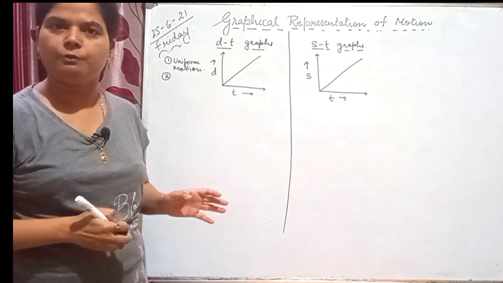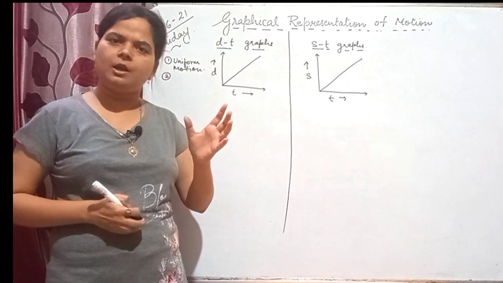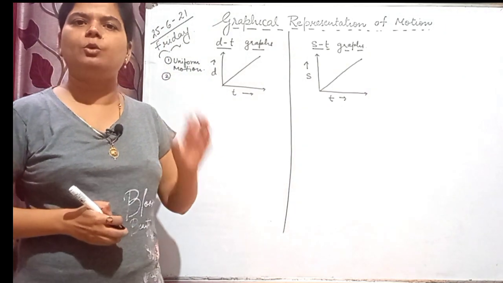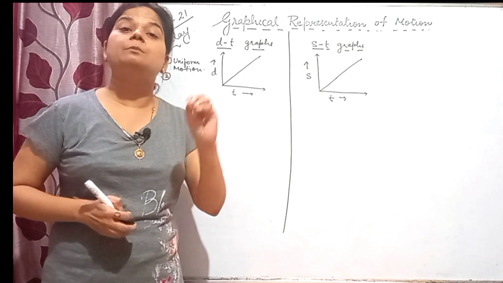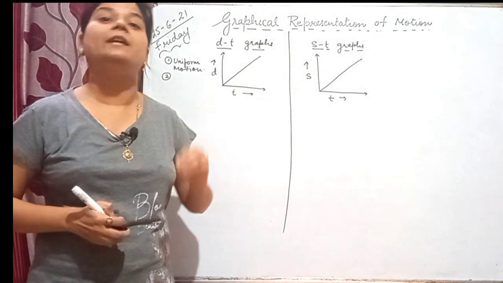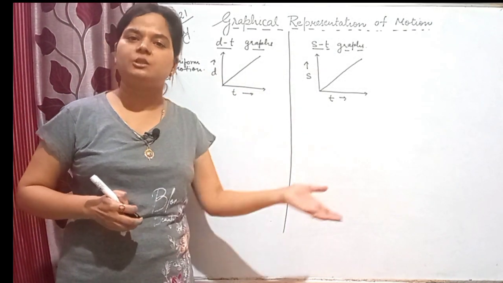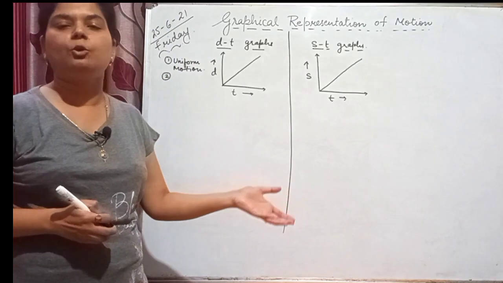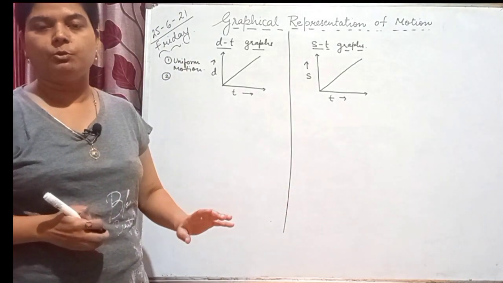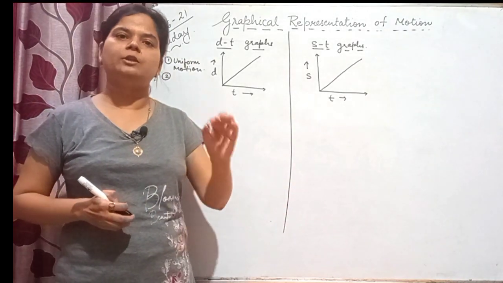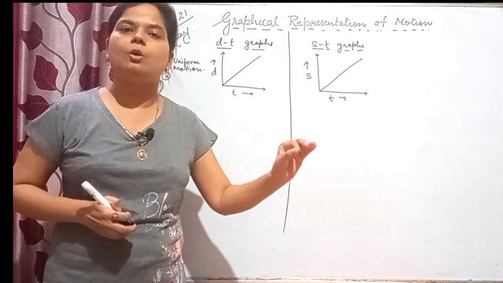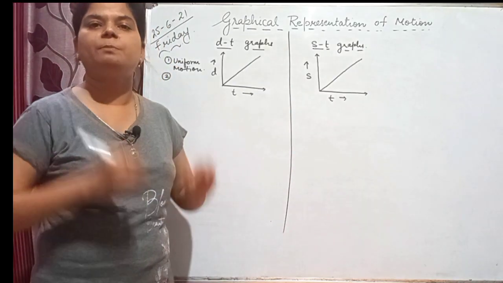What is the meaning of uniform motion? Just think about it. Uniform motion is possible only and only when the speed is not changing, when the speed is fixed. If you change your speed, then your motion will no longer be uniform motion. So if you want the motion to be uniform, you have to keep your speed constant.